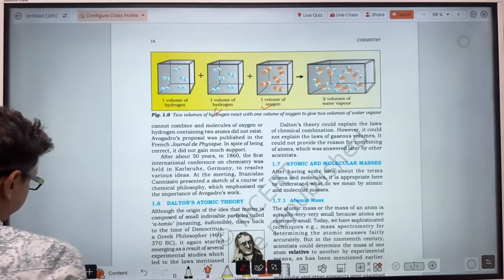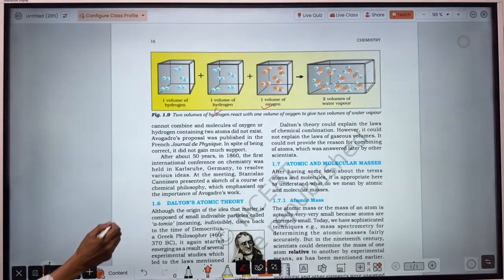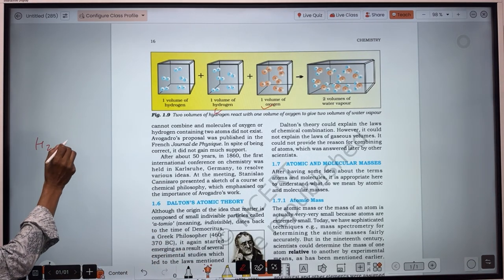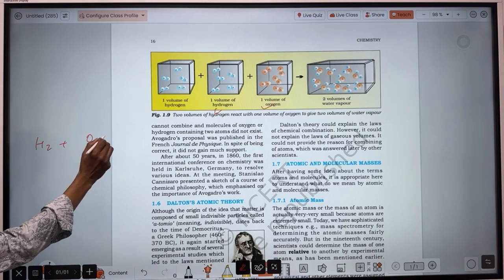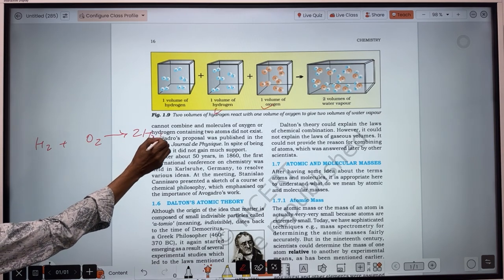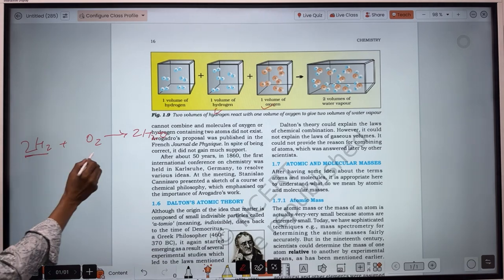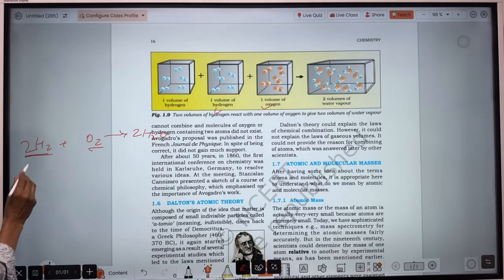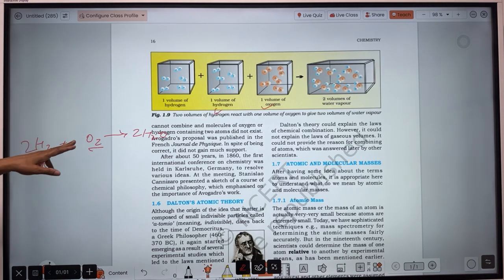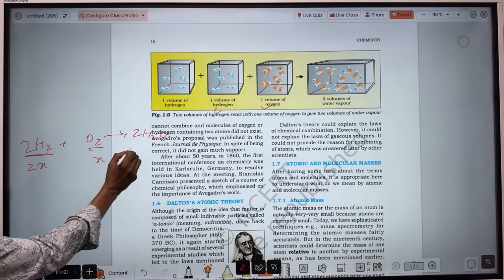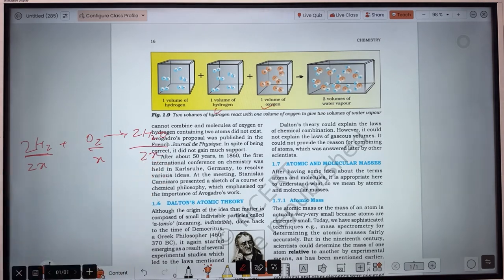Let's see here. So here 2 is here 1. Suppose the volume occupied by 1 mole of gas is X. So during the equation, there are 2 moles of gases, so 2X. So this volume and this volume will be X. Then the final volume will be 2X.